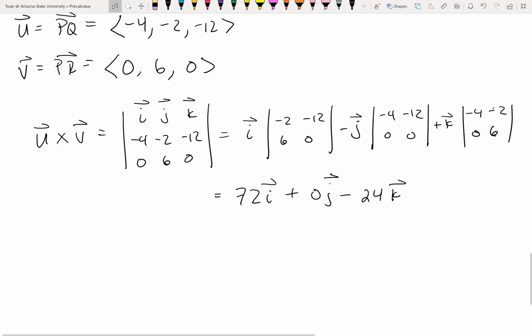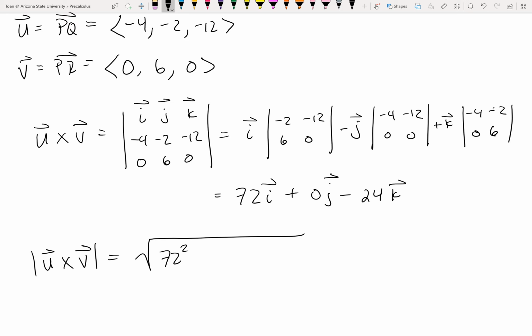Okay. So now I have to find the magnitude. It's the square root of the x component squared plus the y component squared plus the z component squared. I'm going to need a calculator for this. Let me grab my calculator. So 72 squared plus 24 squared is 5760. Let's see if I can reduce it.